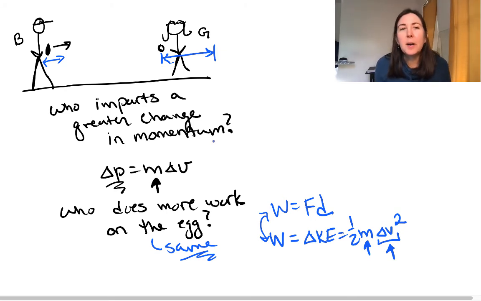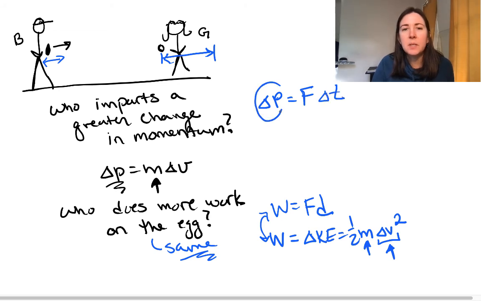The other way to look at this is the time that these two people are in contact with the egg. So if the change in momentum is the same, force times the change in time, if this is to be a constant, the greater the time, the smaller the force. And so really we can't determine the force using momentum and impulse without first knowing how much time.